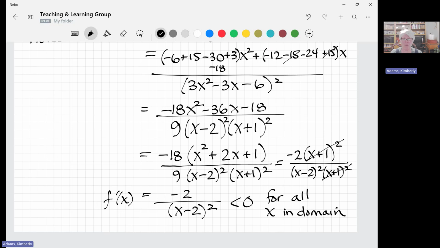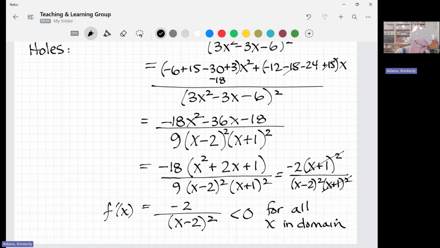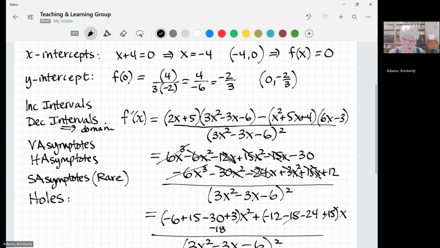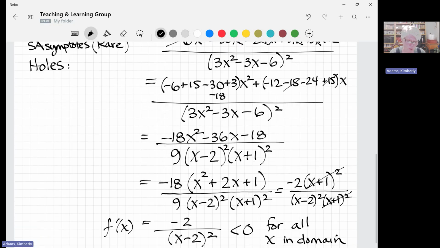That's what this is telling me, that I have a function that's decreasing for every possible value of x. So its intervals of increase, there aren't any, and its intervals of decrease are the same as the domain. Hopefully that makes sense about why that's true.